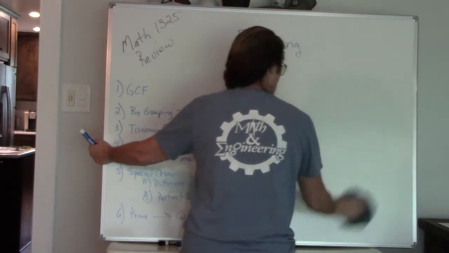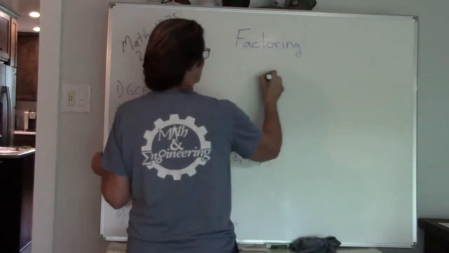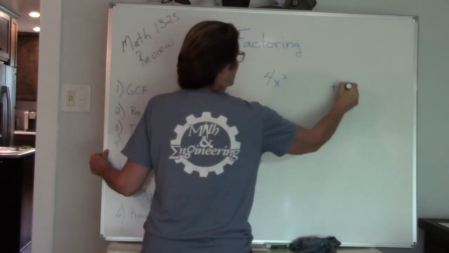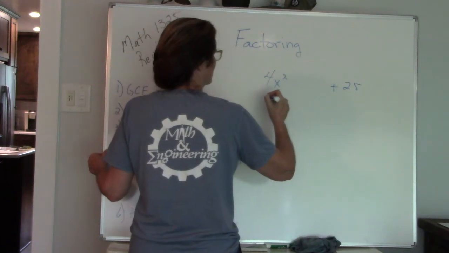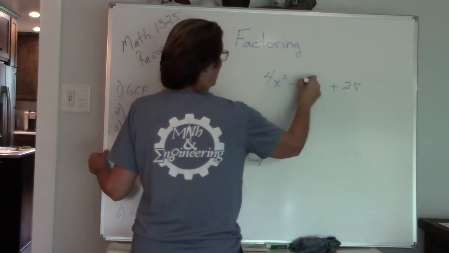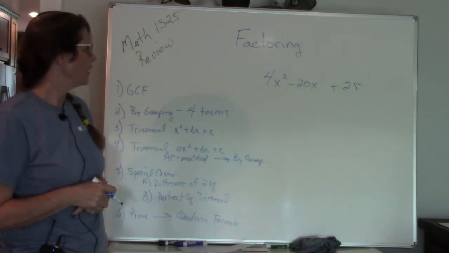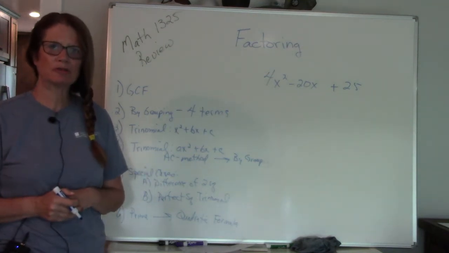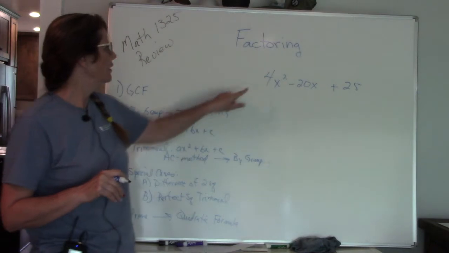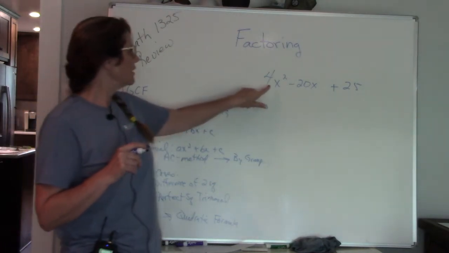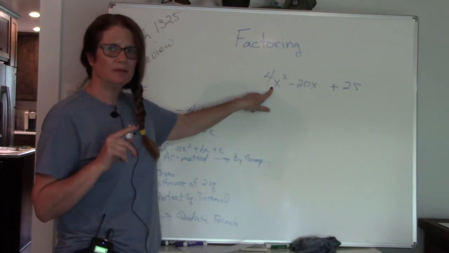The other one is a perfect square trinomial. So let's say I had 4x squared minus 20x plus 25. I always have to do it backwards. Okay, so how do you know it's a perfect square trinomial? First things first, it's a trinomial, right? Second thing is, the first term is a perfect square.